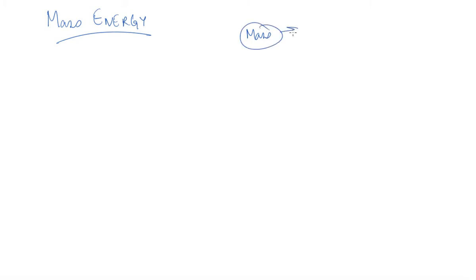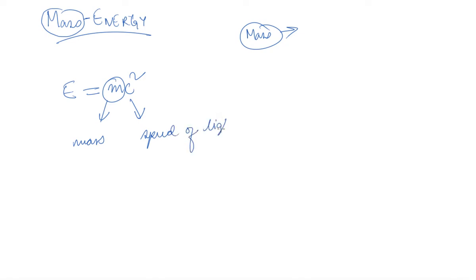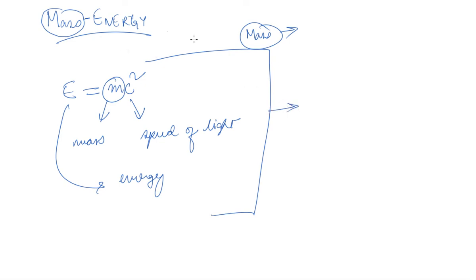The relation between mass and energy, given by Einstein, is a famous relation, and it tells us that if you want to convert this whole mass into energy, or this whole energy into mass, it is given by E equals mc square, where m is the mass, c is the speed of light, and E is the energy. This is your mass energy relation.